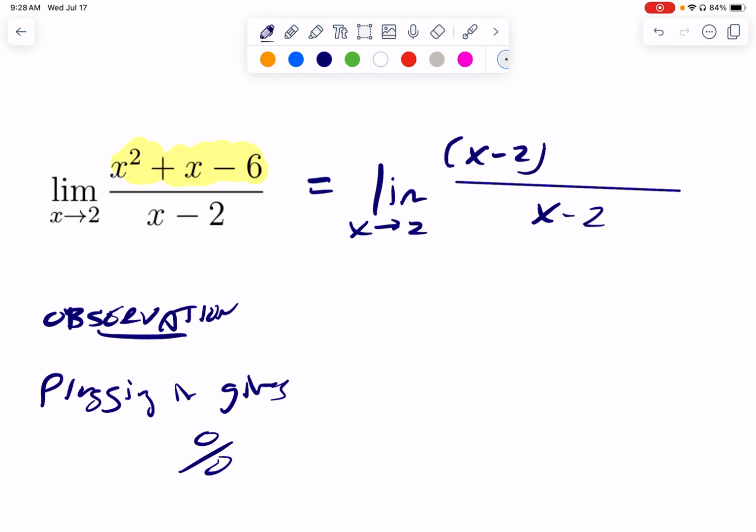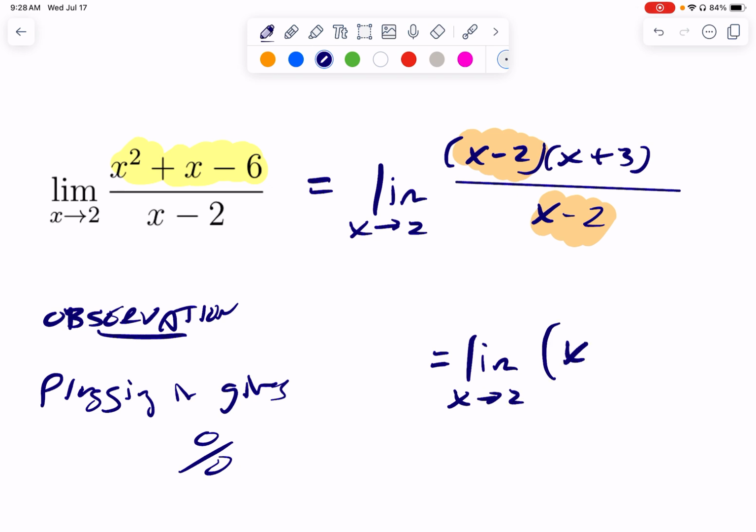It factors as x minus 2 times x plus 3. And now we can see that we have the factor of x minus 2 in the numerator and x minus 2 in the denominator. So after cancellation, we have the limit as x approaches 2 of x plus 3.